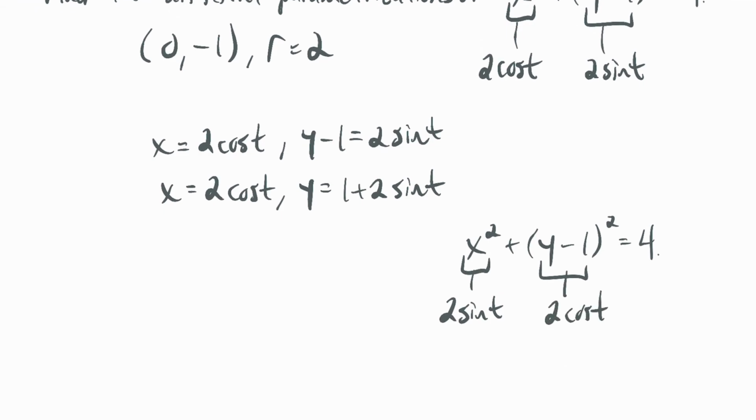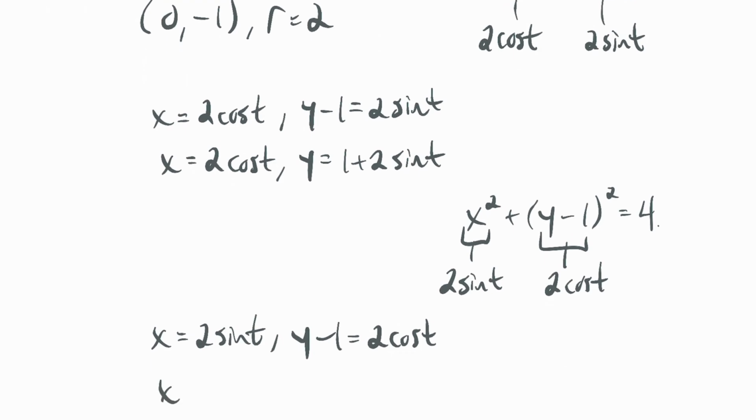Okay, so I'll get x equals 2 sine t, y minus 1 equals 2 cosine t. So rewriting this, I'll get x equals 2 sine t, and then y equals 1 plus 2 cosine t.